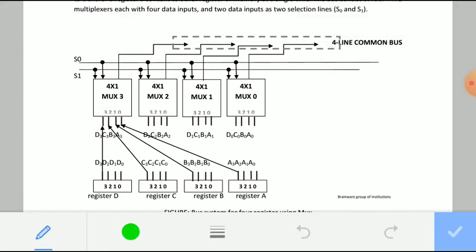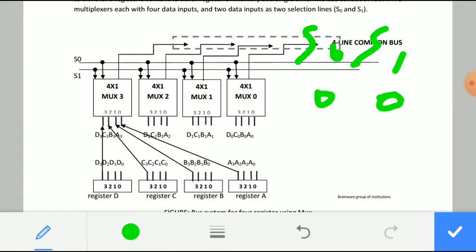That means when S0 and S1 are 0 0, the 0 number pin of MUX 0 will be selected, the 0 number pin of MUX 1 will be selected, the 0 number pin of MUX 2 will be selected, and the 0 number pin of MUX 3 will be selected.